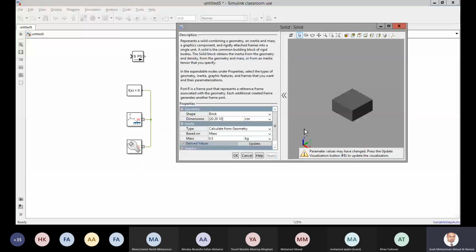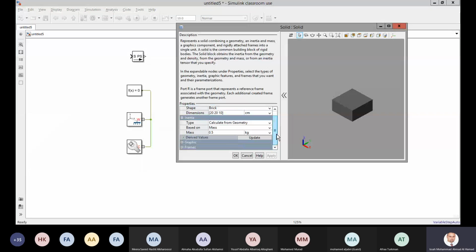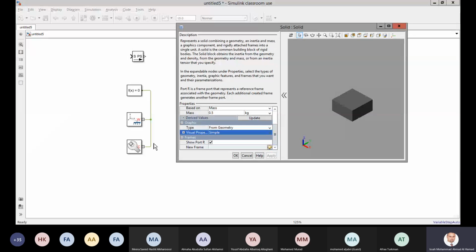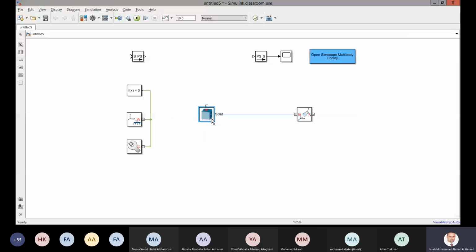So let's press F5, see what happens here. Nothing. Graphics can give you some other options for the shape, whatever. So we don't need to play with anything. We just enter the mass and that's the most important here. So we can press OK. Okay.